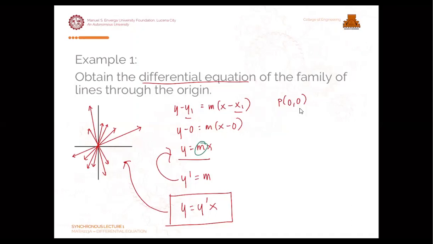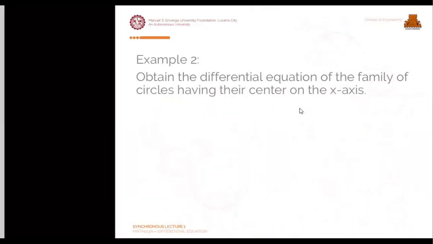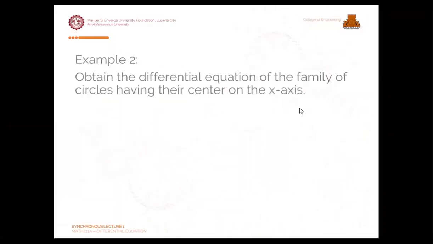Okay? So, let's try again another example. So, halimbawa naman to obtain differential equation of the family of circles having the center on the x-axis. Okay? So, i-visualize nyo naman ngayon yan. So, ano naman ito, lahat ng circles daw, yung center ay nasa x-axis. So, yung circle mo can be like this one, okay, nasa x-axis.